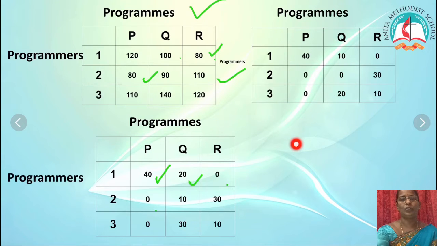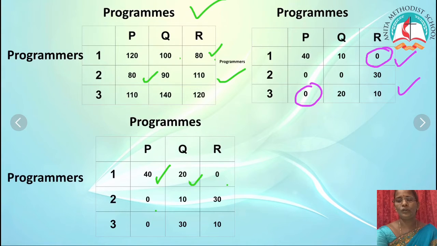Now I am going to do the assignment. How am I going to do it? First I am going to assign where exactly one 0 is available. You have exactly one 0 in the first row and the third row, so I am going to assign here and here. The second row I could not assign, but when you are doing the third row, you have to strike out the other 0.